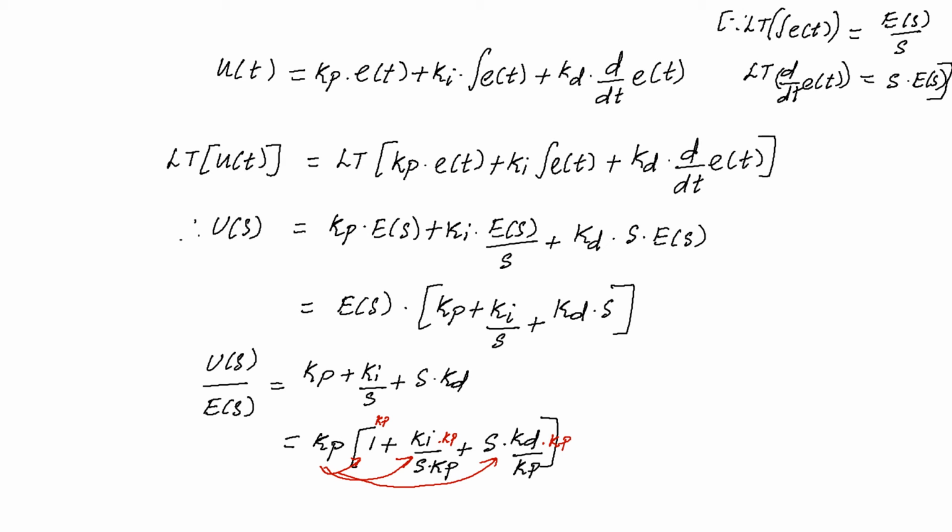So you can cancel Kp and Kp here, Kp and Kp here, so that you will be getting the same equation: Kp plus Ki by s plus s times Kd, right? So for us to obtain this, we are using this kind of arrangement. What arrangement? 1 plus the other following terms. Okay. So now you can close the bracket.